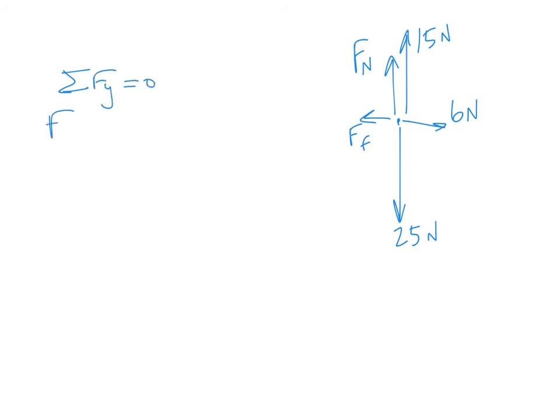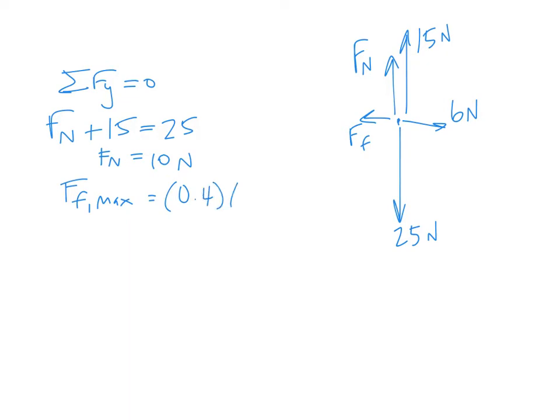So I'll say that the normal force plus 15 would equal 25, and so my normal force would be only 10 newtons. And so when I calculate that maximum friction, I'm going to take my value of mu 0.4 times 10, and that is only 4 newtons. All right, that's the biggest that friction can be.